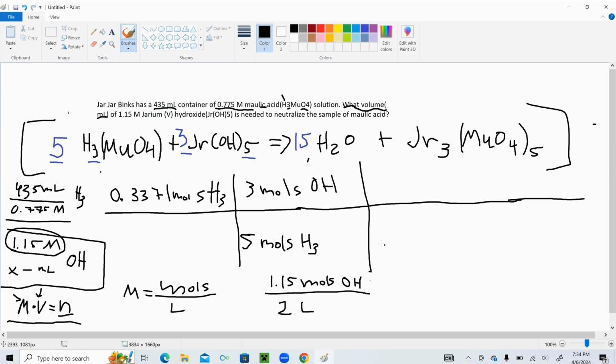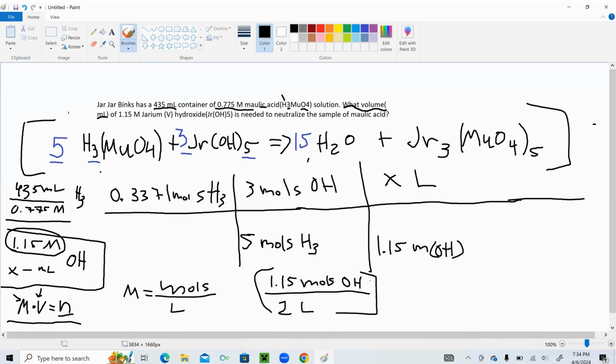What does that tell me? I'm going to put 1.15 M down here. Let me just write that. What I usually do here is just put 1.15 M, but here I'm showing you this way. Over X L. Why X L? Well, 1 is going to give you the same thing.